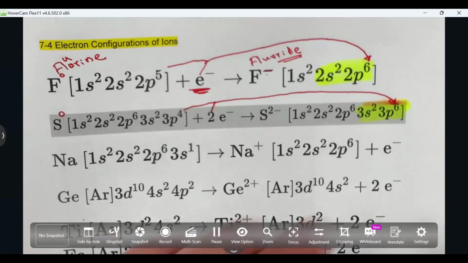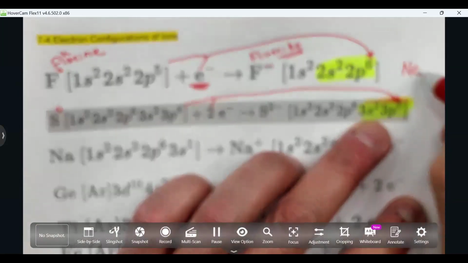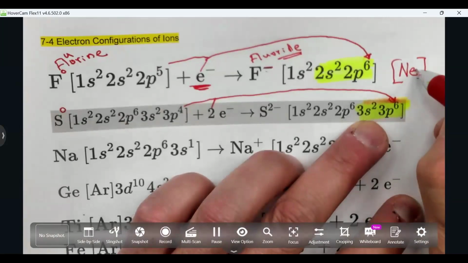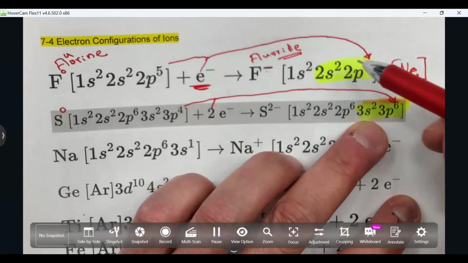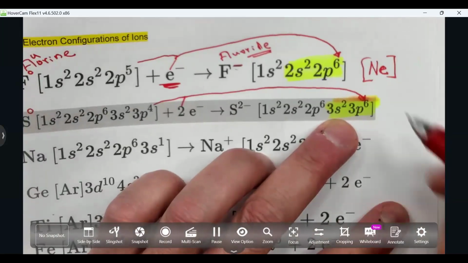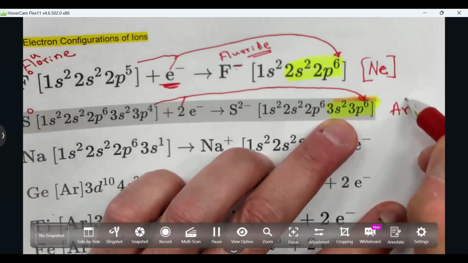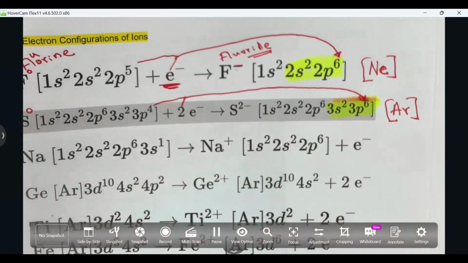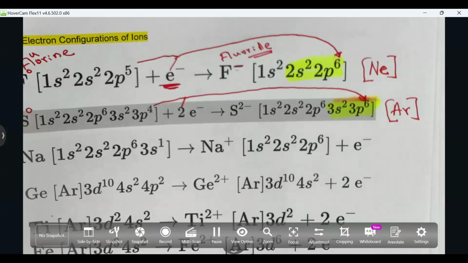What noble gas do I have right here? That's neon, correct? 10 electrons, neon. This noble gas right here, argon. That's the name of the game, correct? You are trying to be like a noble gas. You either have to get rid of some electrons or gain some electrons. That's the whole goal. And if you lose or gain electrons, you have ions, correct?